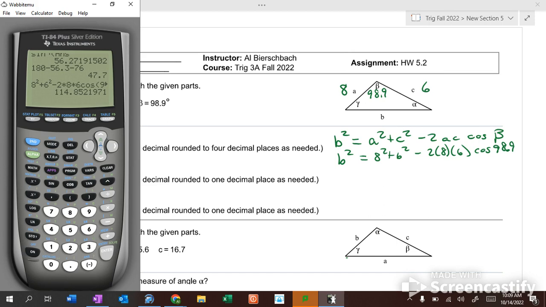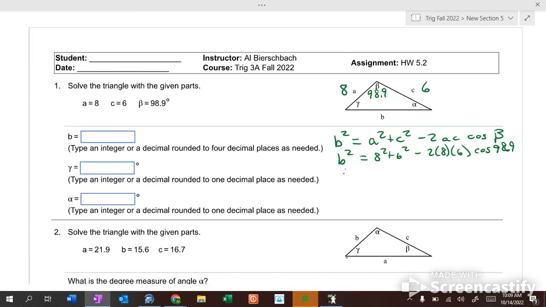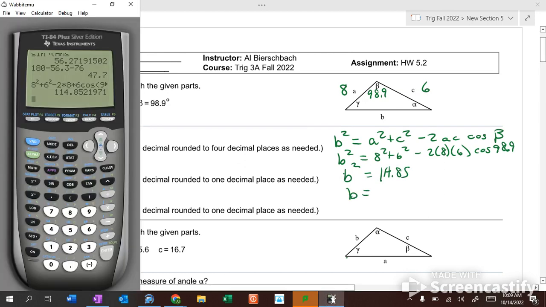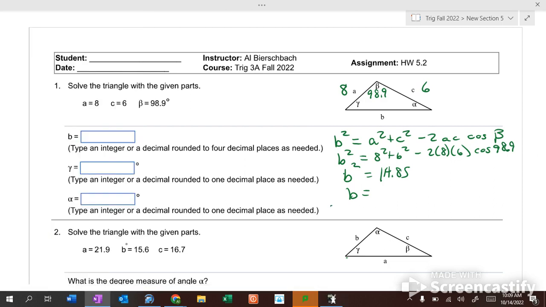So b squared is 114.85. So what is b? There you go, second square root of the answer, and it's 10.7.